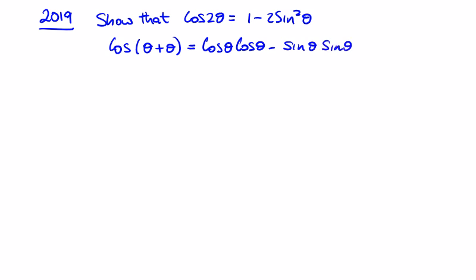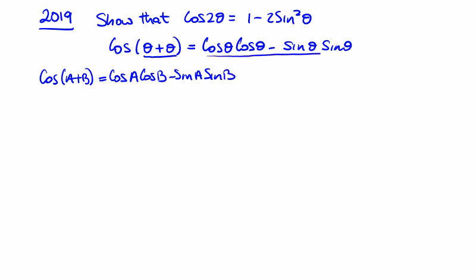If you remember that from the top, cos of (A plus B) is equal to cos A cos B minus sine A sine B. And because A and B are the same here, theta and theta, we can write it like this.